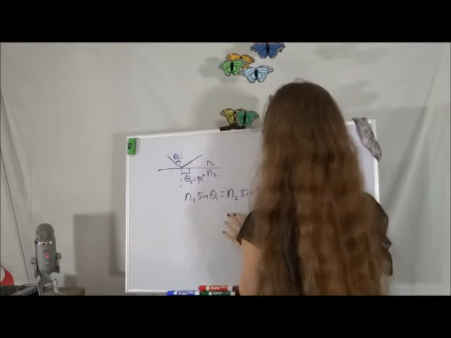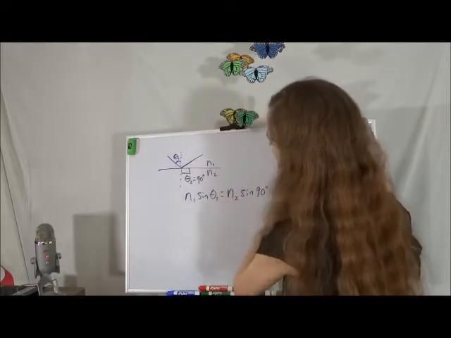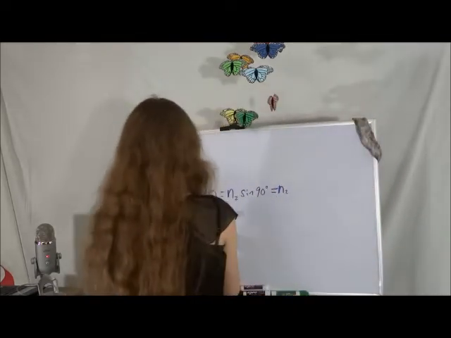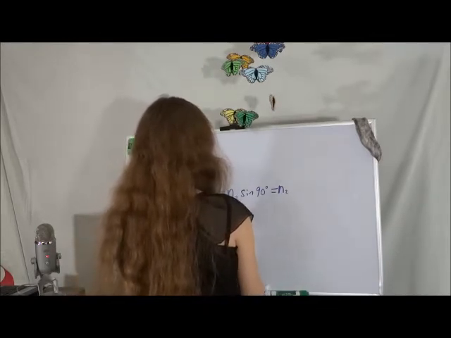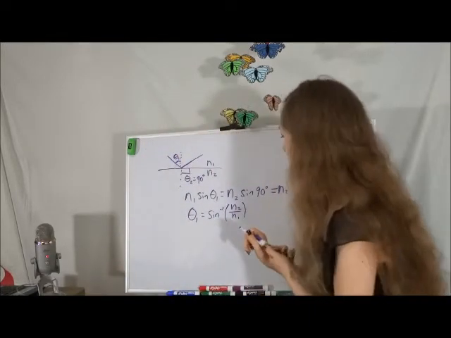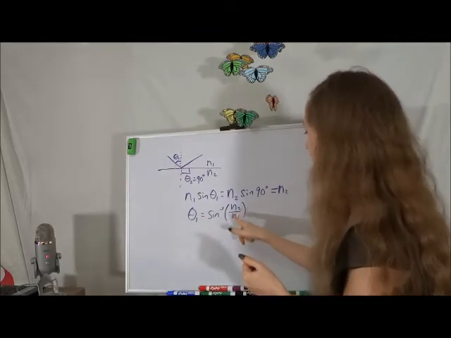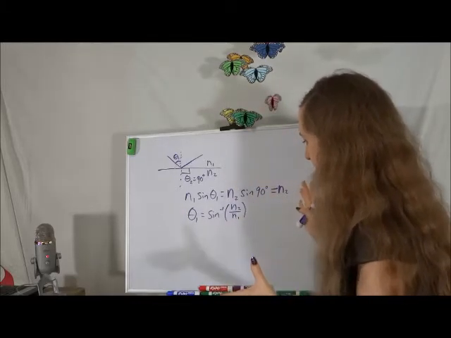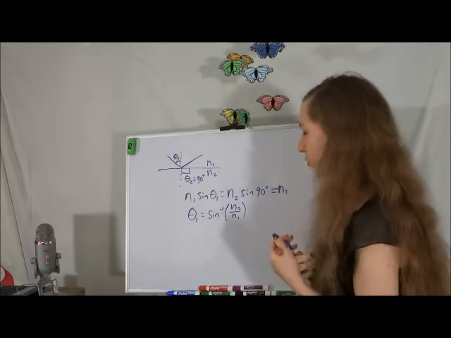Well, sine of 90 is just 1, so it's n2. Solving for our angle, we find that we get total internal reflection when theta 1 is equal to the arcsine of n2 over n1. So when the angle exceeds the arcsine of this ratio, you end up not having any refraction anymore.